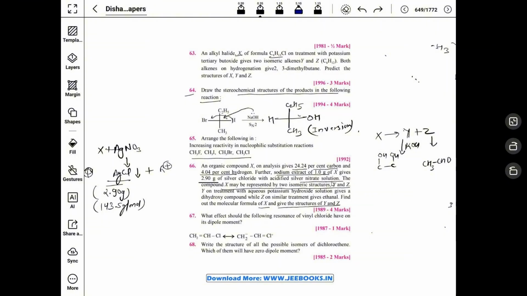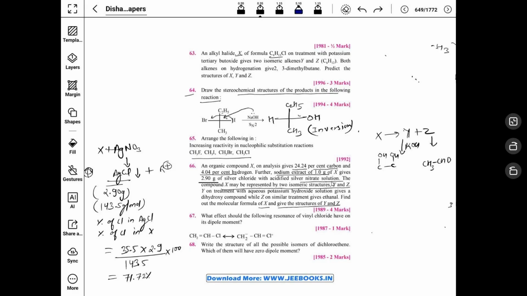So we have to calculate the percentage of chlorine in X. 35.5 is the atomic weight of chlorine, multiplied by 2.9 gram, divided by the molecular weight, then multiplied by 100.